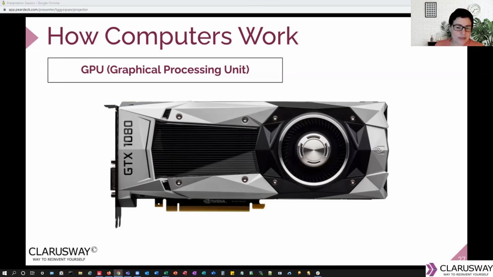Whereas the GPU is designed to quickly render high resolution images and video concurrently, but the GPU does not understand as many instructions as a CPU. So GPUs are much better with video graphics and concurrent processes, but they don't understand all the instructions that a CPU understands.